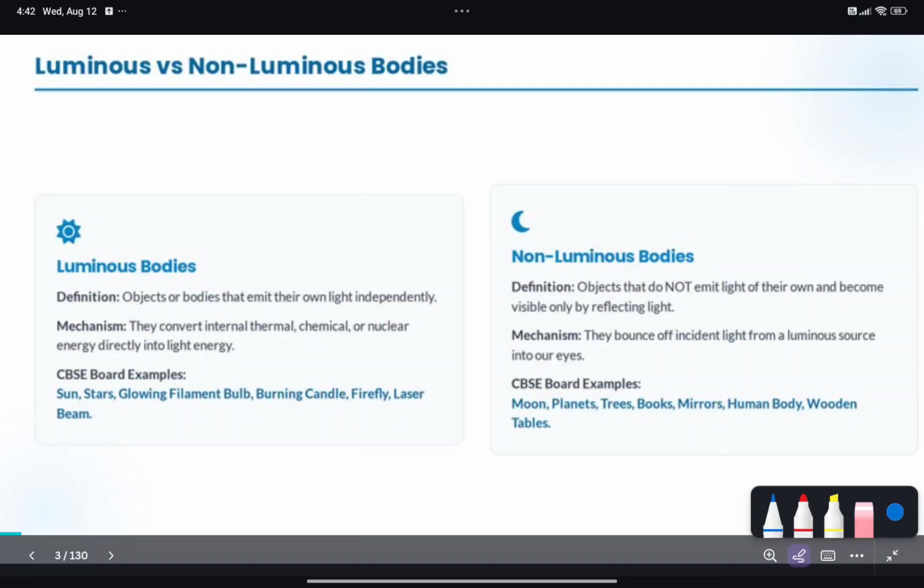Burning candle is also an example, and firefly and laser beam. These are the examples for what? You know the definition of the luminous bodies? Simply, objects or bodies that emit their own light independently. Clear or not?